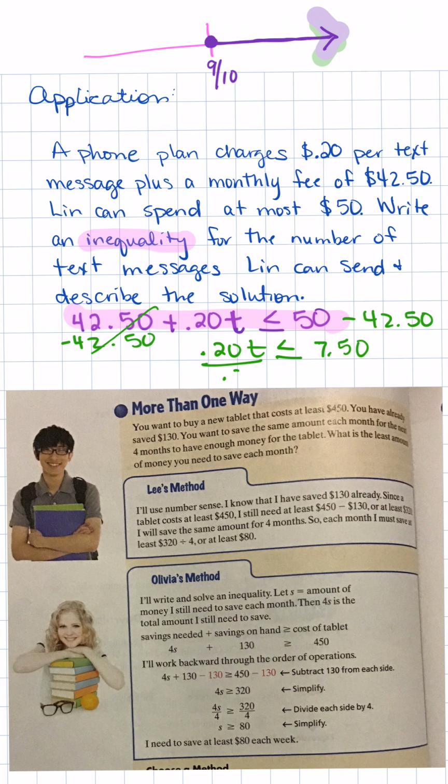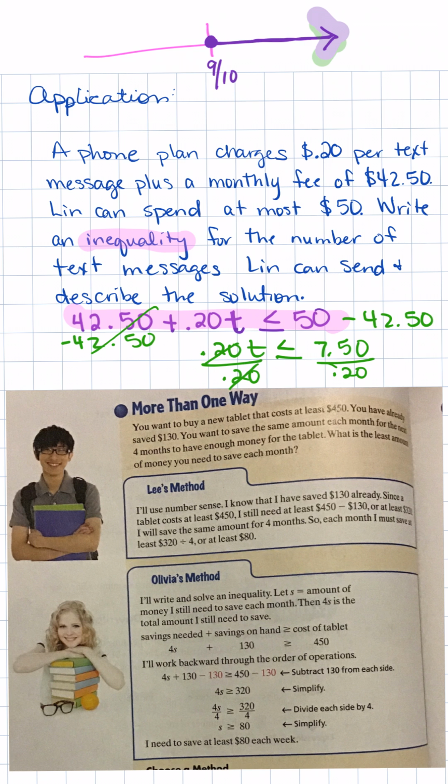We're going to divide because that's the opposite of multiplying. 20 cents. And when we divide 7.50 by 20 cents, we get 37.5.